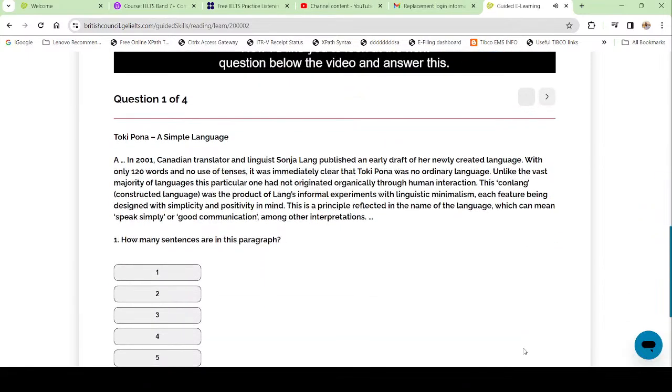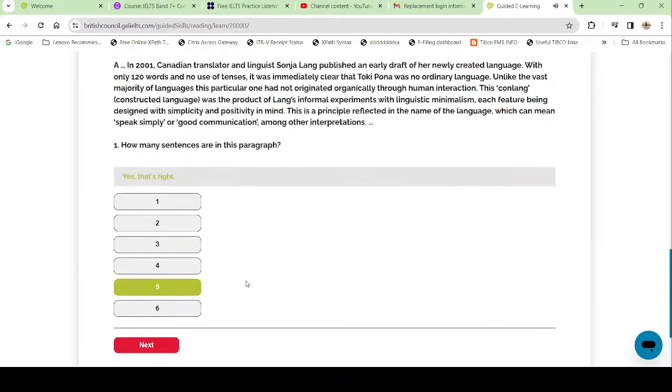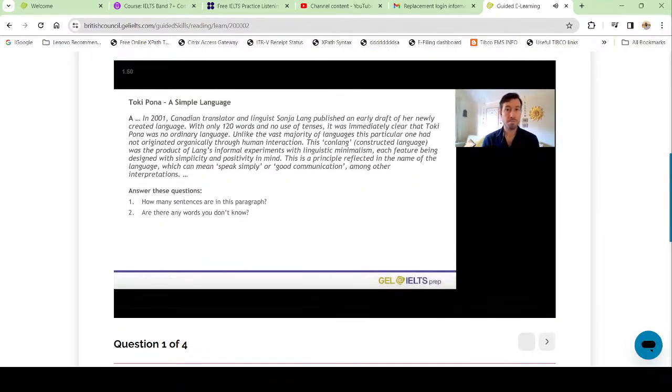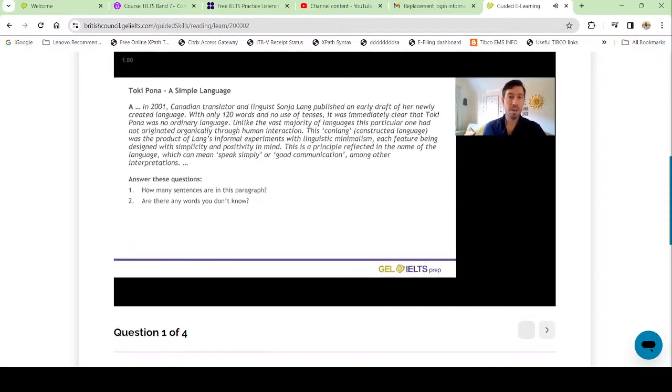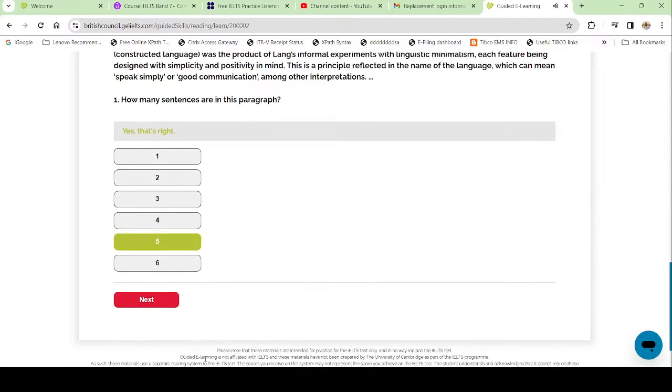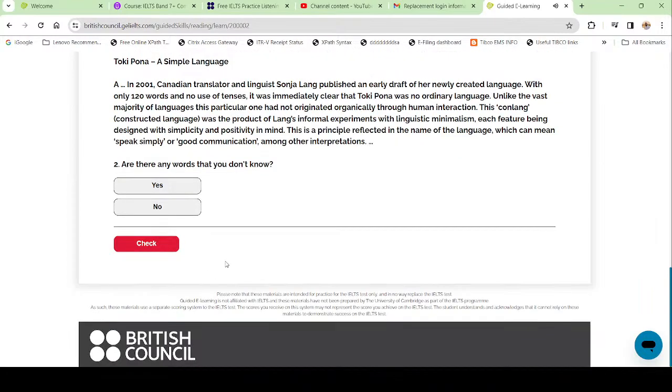Now, I'd like you to look at the next question below the video and answer this. Are there any words that you don't know? I'll just give you 10 to 15 seconds to think of that. Okay, so probably the answer is yes, because it has this word here, conlang, which you've probably never seen before.